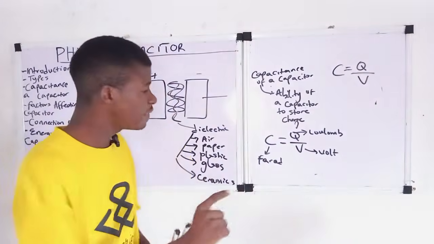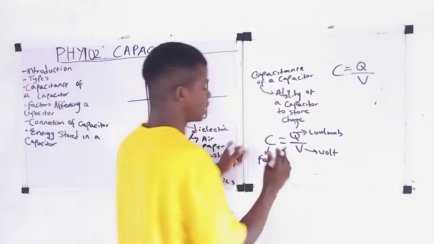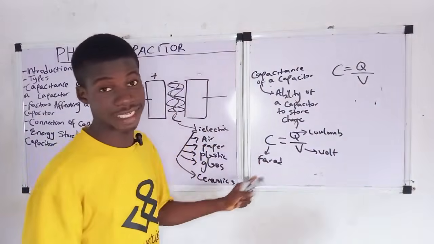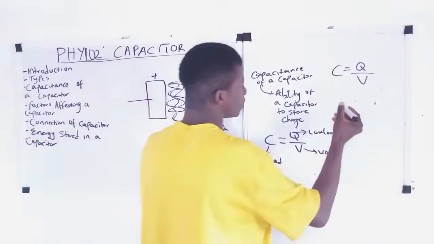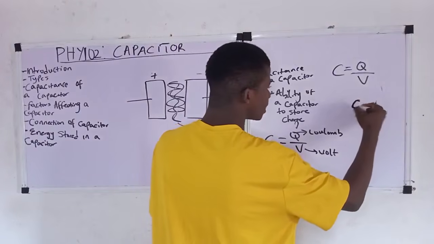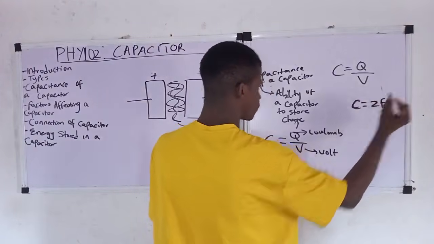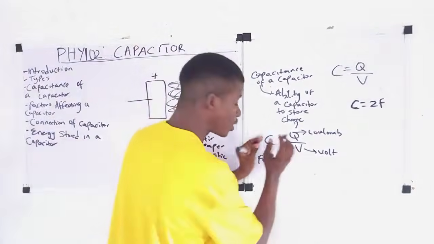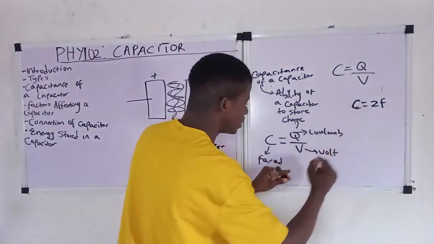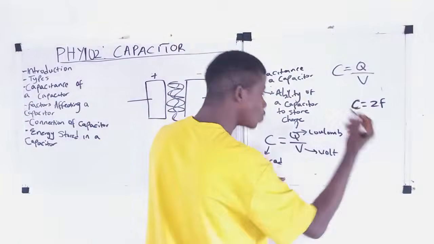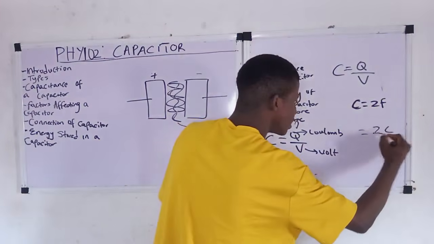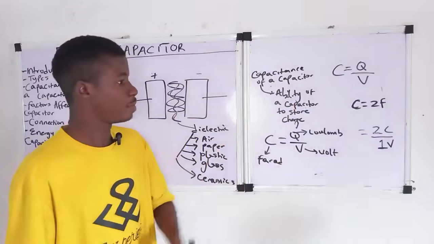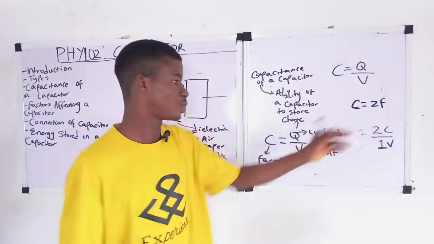Now, if a capacitor has a capacitance of 2 farads, remember the SI unit of capacitance is the farad, what does this mean? According to the formula, it means that the capacitor was able to store 2 coulombs of charge in one volt.